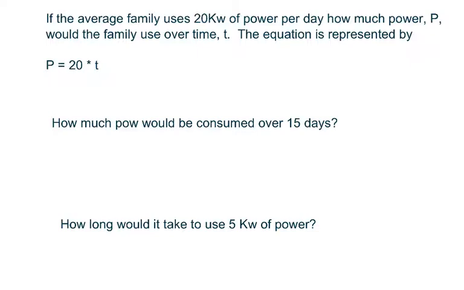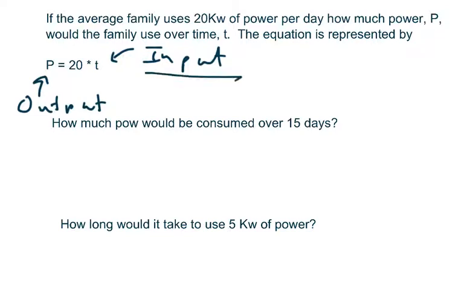So when we look at this equation here, this is your output, this is your input. So we're going to put in time to figure out how much power we use over time, which is the output. Now, this is also your independent, T is your independent, and P would be your dependent variable. How much power you use is dependent upon how much time has passed.